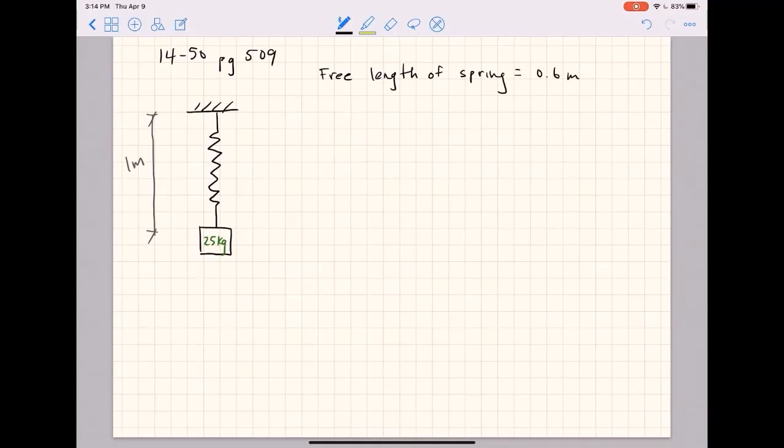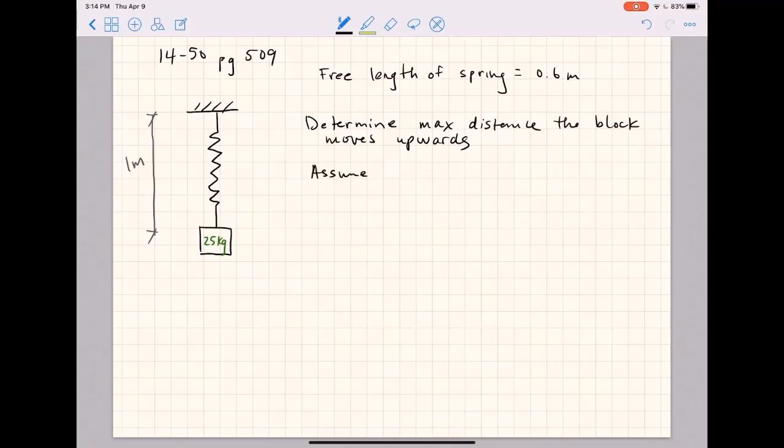So that means that spring is currently in tension, which makes sense because it wants us to determine the max distance the block moves upwards. And a very important point, so I'll write it down, is assume no work done by compressing spring.